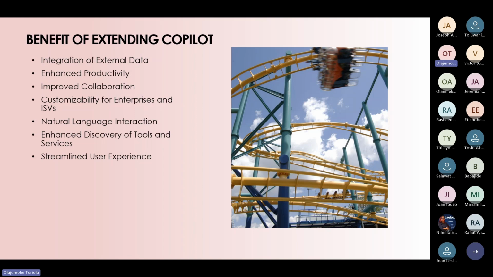So developers can incorporate external data directly into Copilot. Another benefit is the productivity it enhances, because with integration of external data, users can access relevant information without interrupting their tasks. Collaboration is also improved.